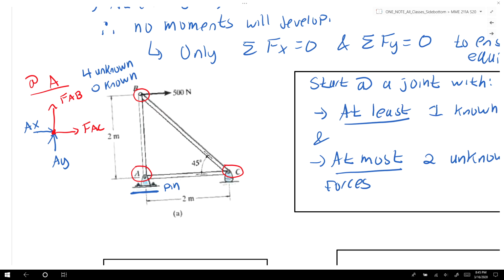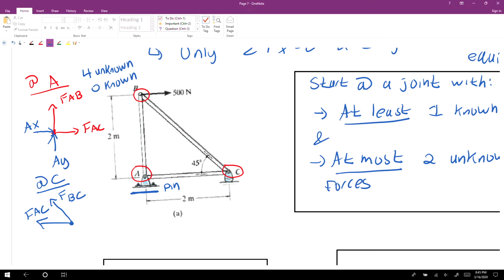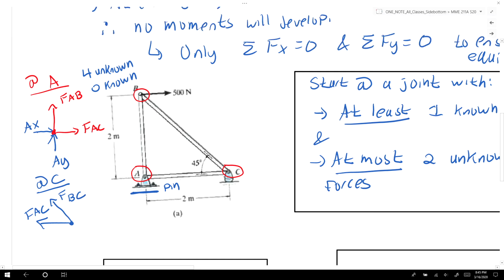So let's look at point C. At point C we have the force due to member AC, which we'll call FAC, the force due to member BC, FBC, and then we have our reaction force due to the roller or the rocker at point C, so we'll have our normal force due to that here.